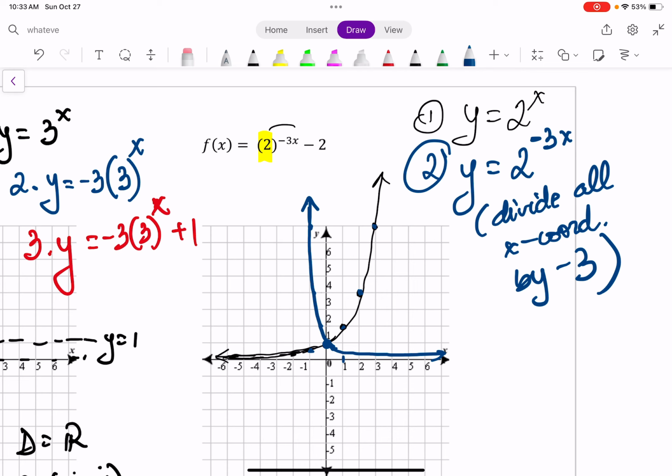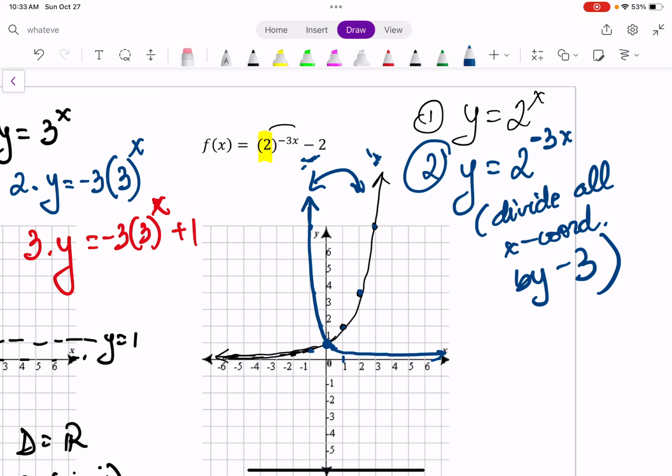So what happens to the graph is, first of all, it got flipped about the y-axis because all your positive x's are now negative x's. But we also compress the graph horizontally by a factor of 3. So the graph got squished in towards the y-axis 3 times over, right?